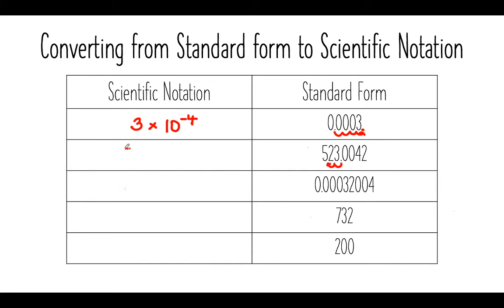So I'm going to get a number that is 5.230042 times, remember scientific notation, times 10 to the power of 2. Now in this case, the decimal went from where it is to where it needs to be. It moved to the left. In the first example, it moved to the right. If it's moving to the left, I've got a positive exponent. If I'm moving to the right, I have a negative exponent.